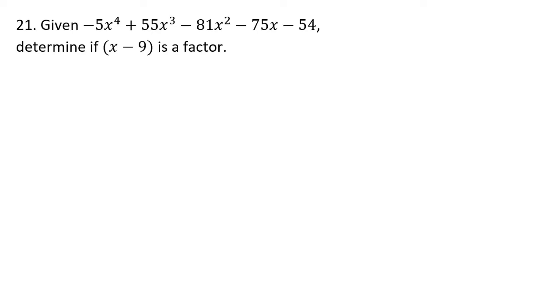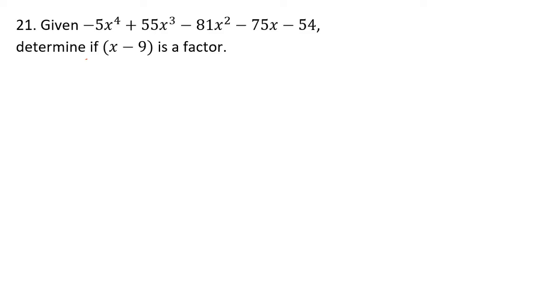Okay, it says given this polynomial, determine if x minus 9 is a factor. Okay, so there's a bunch of different ways you could do this. You could divide the polynomial by x minus 9 and see if you get a remainder of 0. If you do, you know it's a factor.